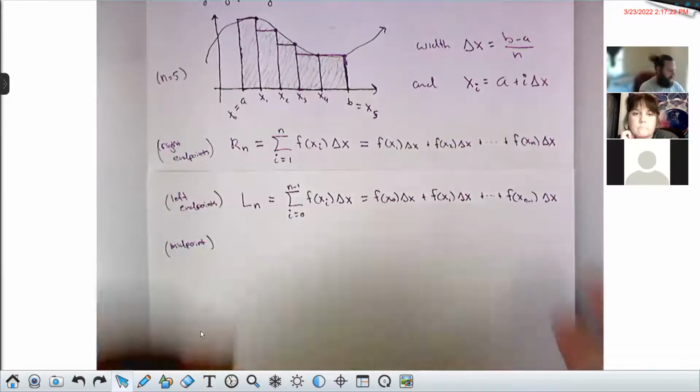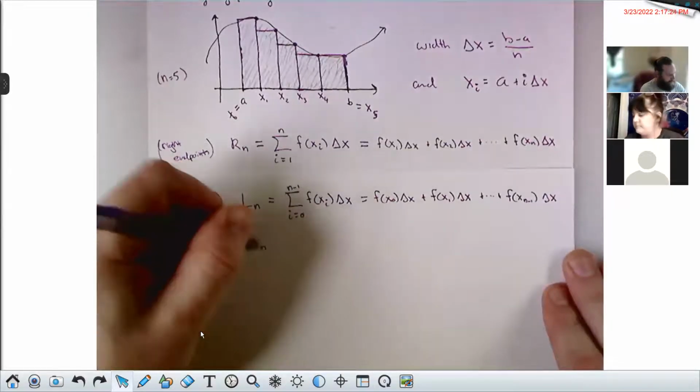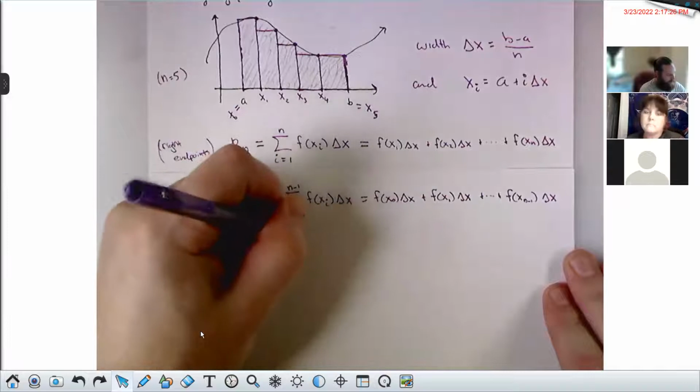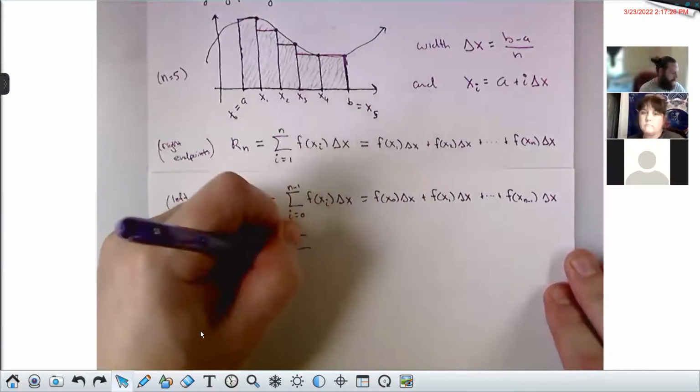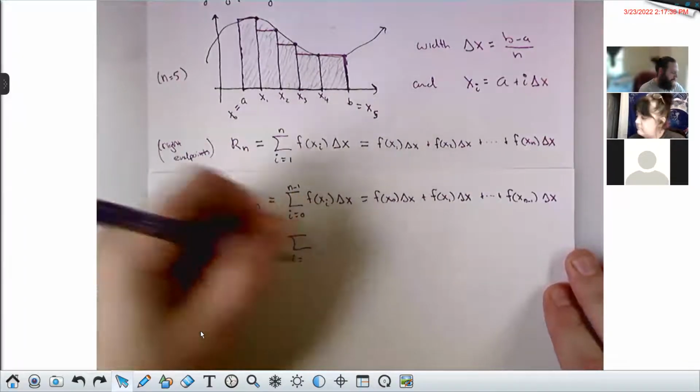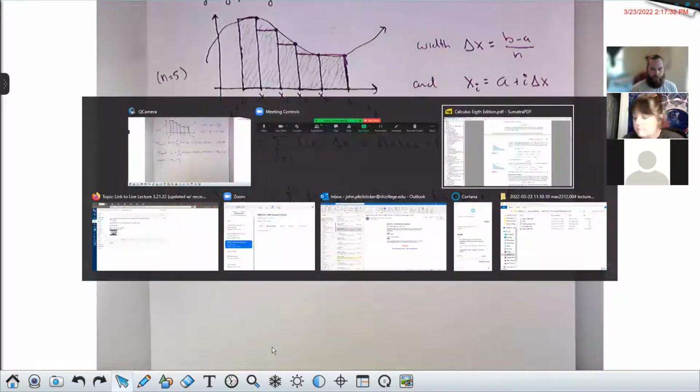What this yields is the thing we call M sub n, which would be the sum from i equals, let me use the notation the book uses, they call it xi star, right?